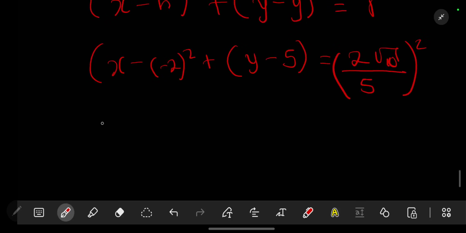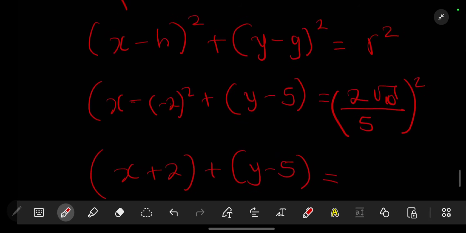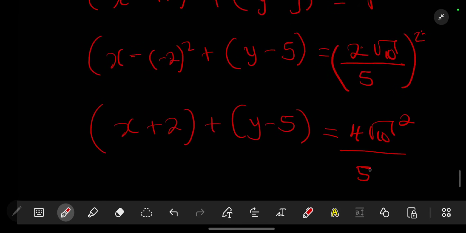So we are going to get x, negative by negative is +2, plus y minus 5 should be equal to 2 squared is 4, root of 10 squared. So this square is distributed throughout.